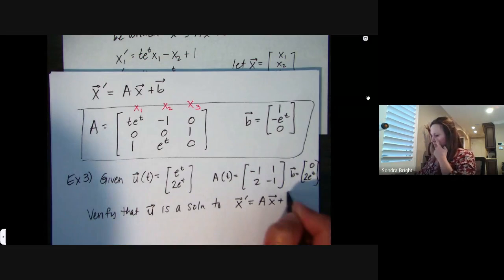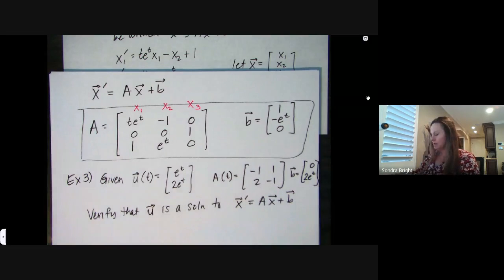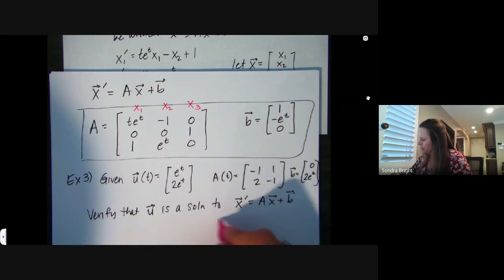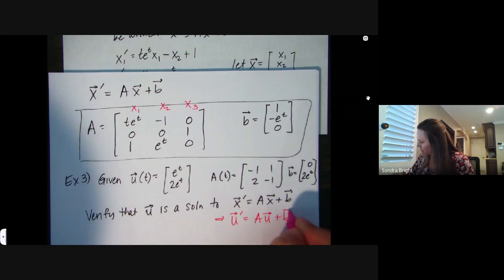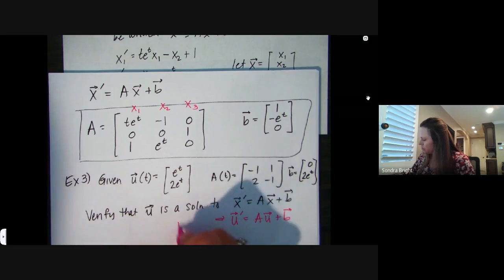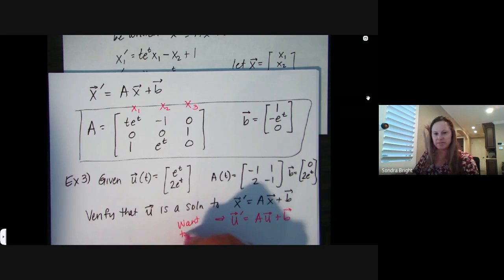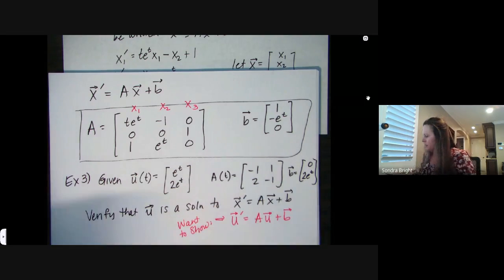Okay, so first of all, if we're using U, what we want to show is that U prime is equal to A times U plus B. So first, let's figure out what U prime would be.